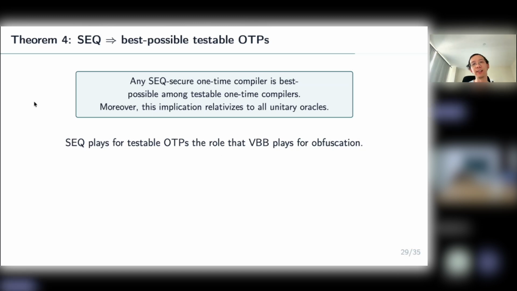So SEQ plays a very similar role for testable one-time programs, notice that it's testable, not all one-time programs, as the role that VBB plays for obfuscation. The reason is that SEQ is a simulation security notion, so you can think of SEQ as the VBB analog for testable one-time programs. Moreover, this implication also relativizes for all oracles.